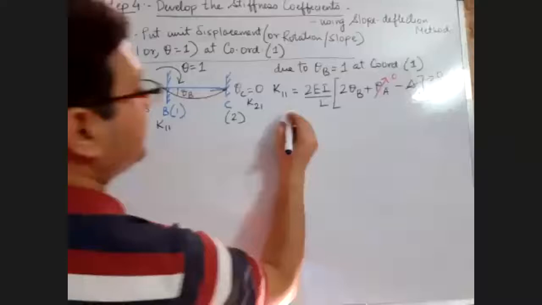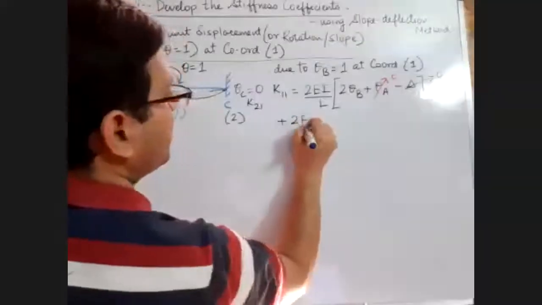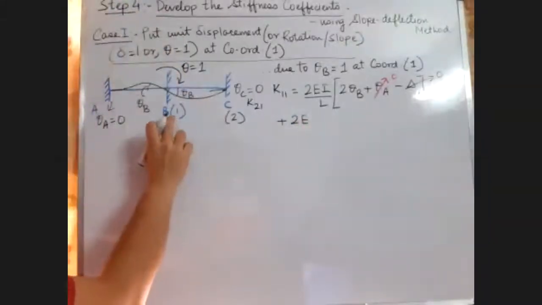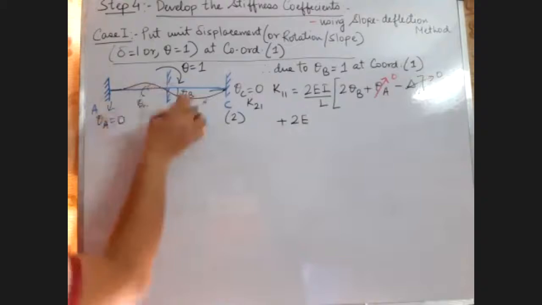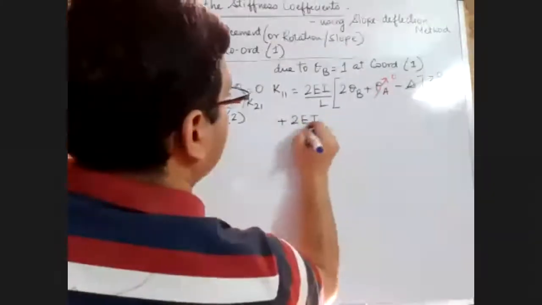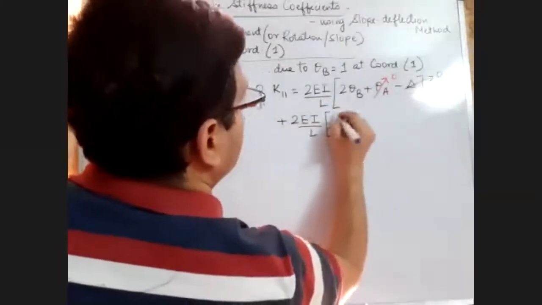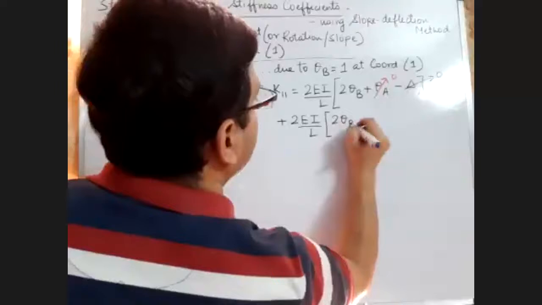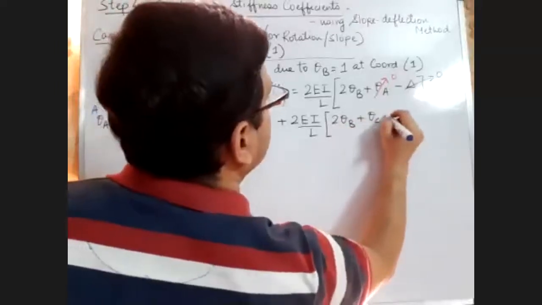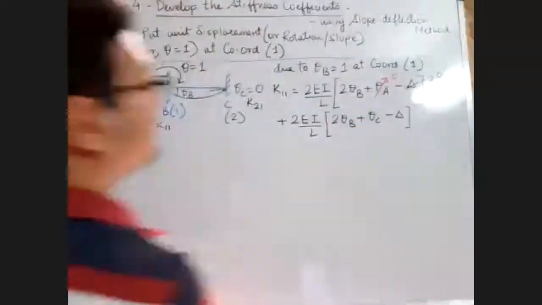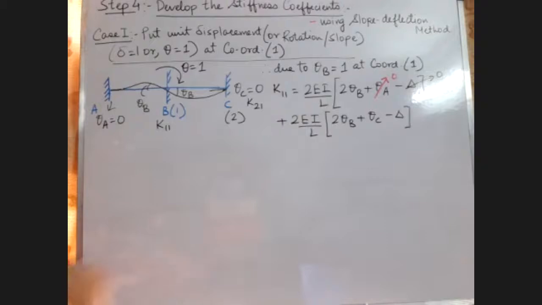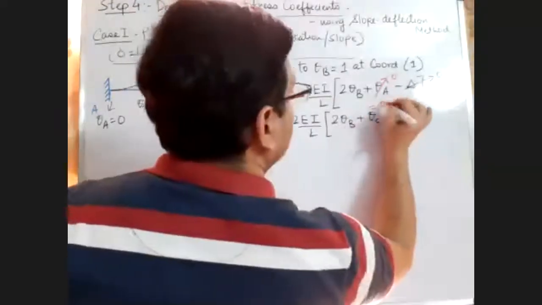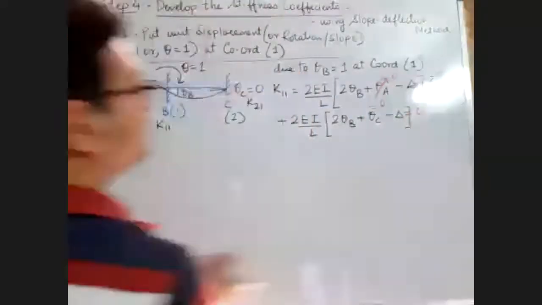Second, for BC, because position 1 means the position B, which is shared by both beams. 2EI by L, 2 times the nearer end plus 1 times the far end minus delta. So here also theta C is 0, delta is 0.